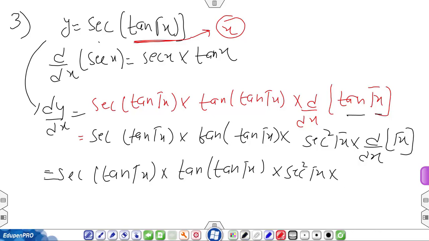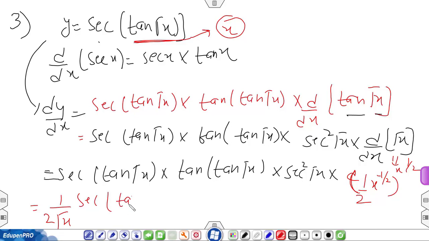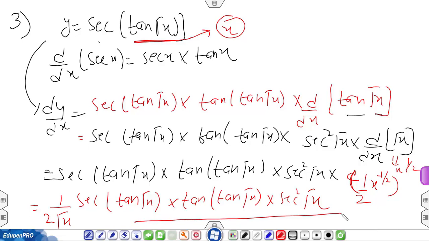For root x, we will write it as x to the power 1 by 2. I will apply rule 1: 1 by 2 x raised to power minus 1 by 2. So my answer becomes 1 by 2 root x, secant of tan root x, tan root x, into secant square of root x. This is the answer of the above question.